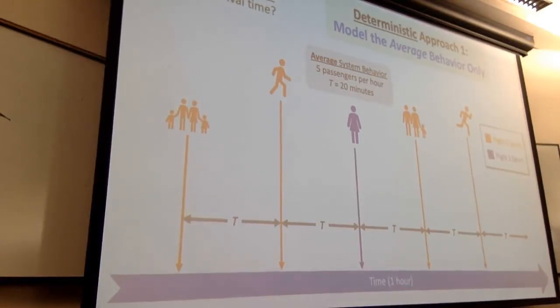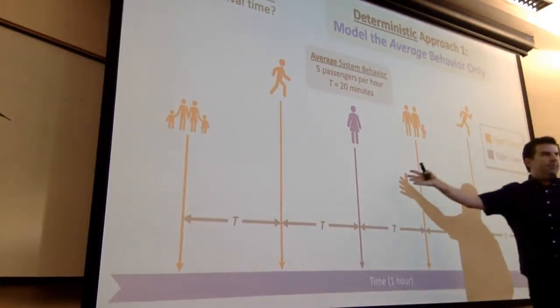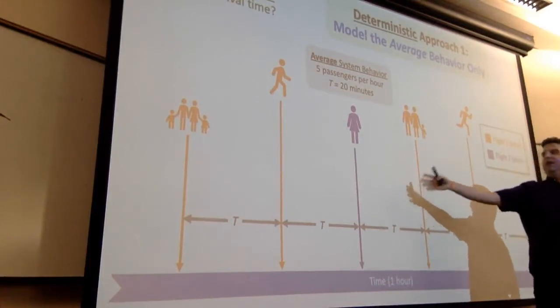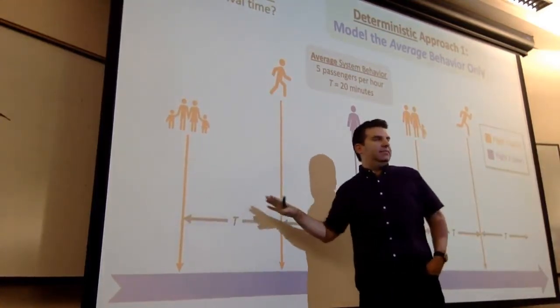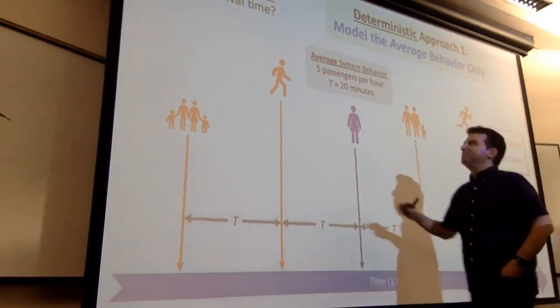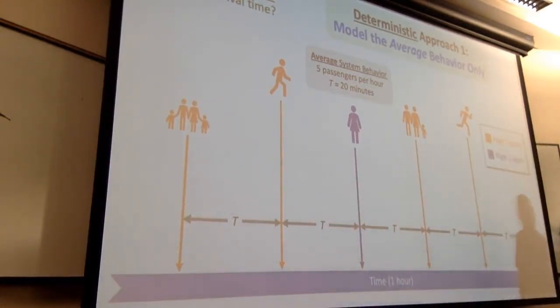And I'm being a little facetious, right? 470 is not quite this crude, but you could still imagine building, or 477, you could imagine building a dynamical model, a very simple mathematical model based on the idea that every passenger takes exactly 20 minutes in between them and the previous passenger. But that doesn't seem very realistic.